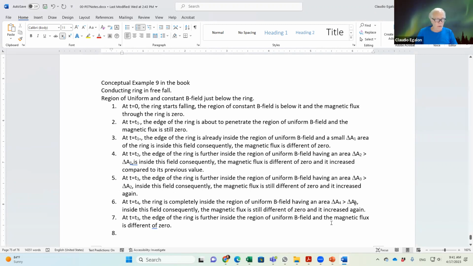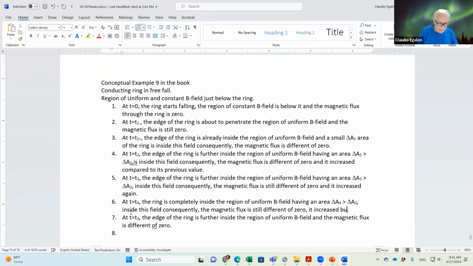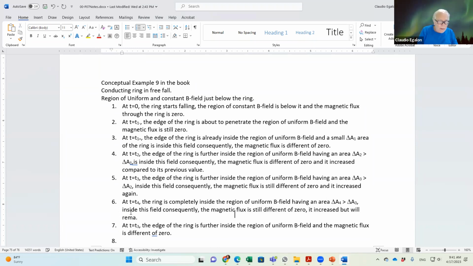Still different from zero, and it increased for the last time, but will remain constant until it reaches the edge of the region of uniform B field.